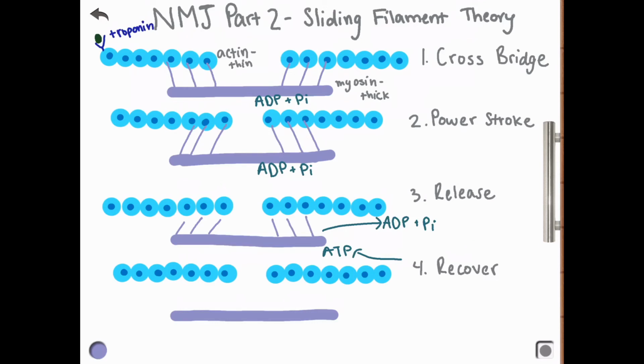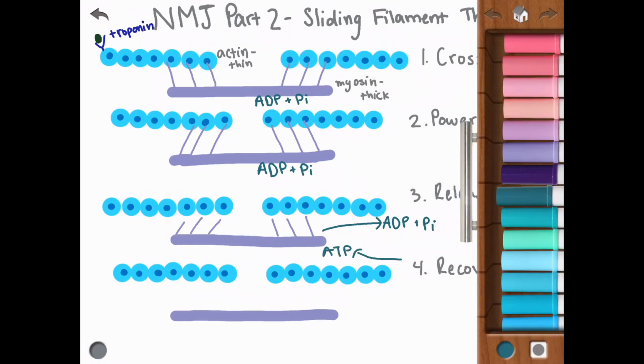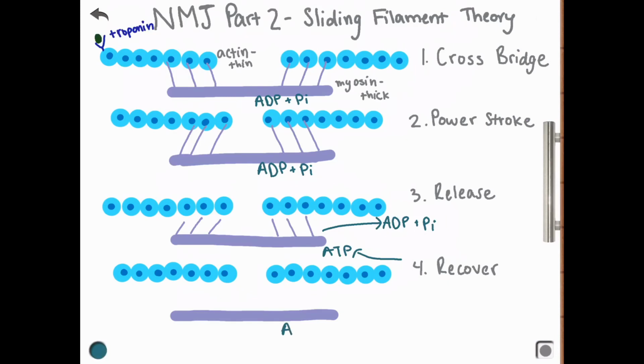The last step is the recovery. So you'll notice that these heads are still bent at this angle, but we need them to be back at this angle so that they can pull one more time. They're going to do this thousands of times for every contraction. And what we need for that is we need ATP to become ADP and PI.